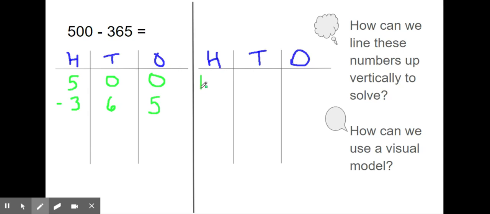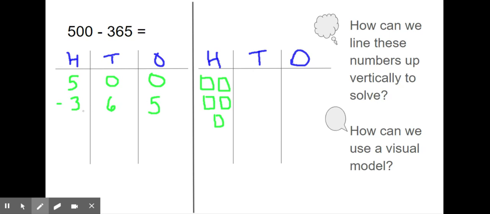So I'm going to do 500, or 5 hundreds. So 500 doesn't have any tens and it doesn't have any ones. And I don't want to model 365, right? Because I'm taking away 365.